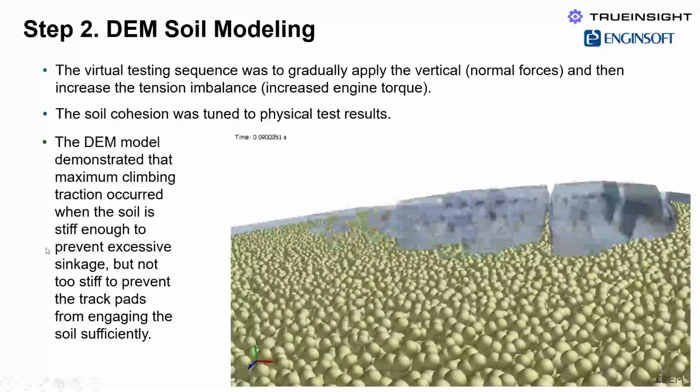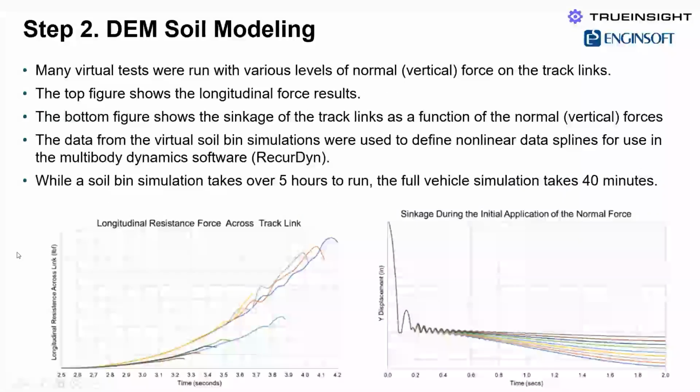So that was our simulations. And then from the simulations, we came up with curves where we're looking at different properties, which could be different normal forces and so forth. And then we'd come up with a family of curves, and we could look at what were the different resistive forces, and also what was the sinkage.